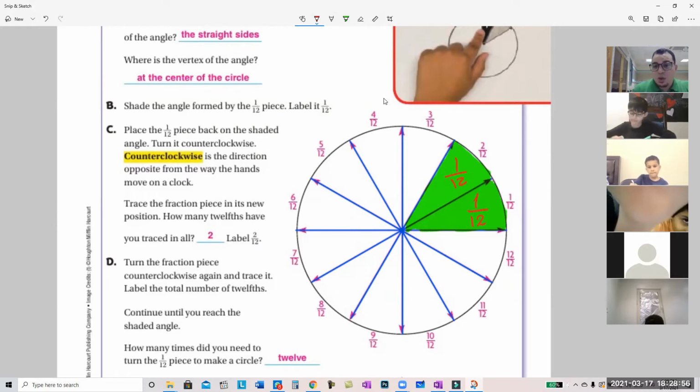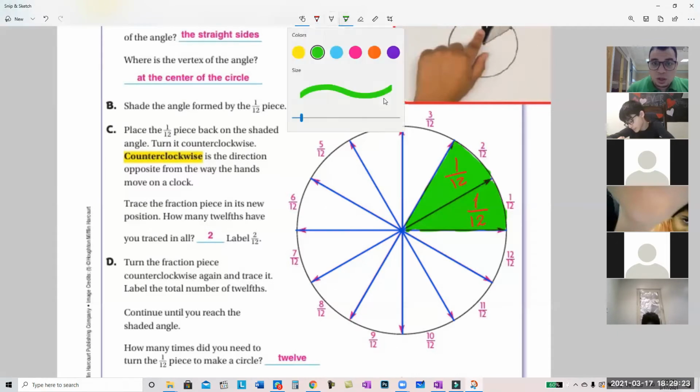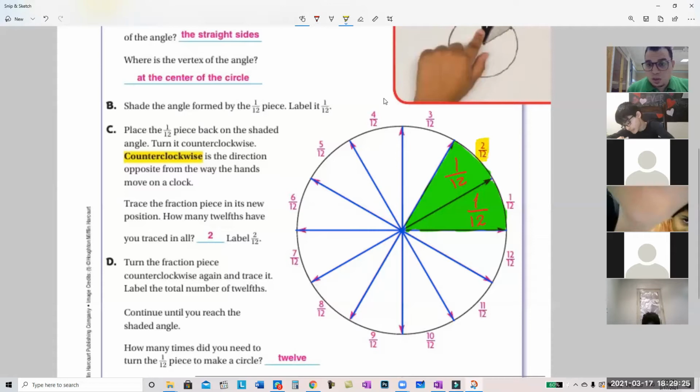So if you want to get the fraction that represents these two parts, how can we know? These two parts together, how can we get the total of these two parts? So we're gonna add them together, right? So add them together as we studied before. Let's add the numerators together and keep the same denominator. So 1 plus 1 equals 2. So these two parts together equal 2 over 12.